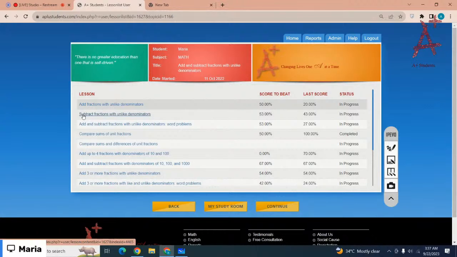The lessons we have covered today are add fractions with unlike denominators, subtract fractions with unlike denominators, add and subtract fractions with unlike denominators word problems, and compare sums of unit fractions, right? So please make sure you complete all the practice questions for the lessons we did today. If you need more help with any of the lessons, you can contact any tutor on Skype. They are available from Monday to Friday, 5 to 9.